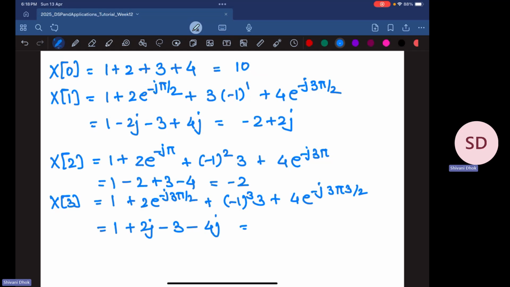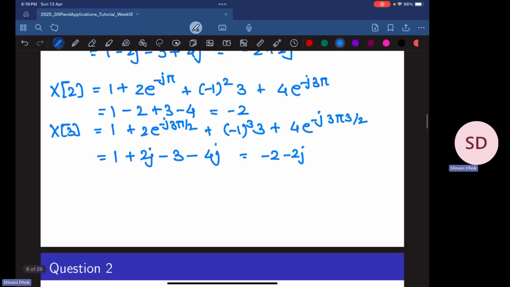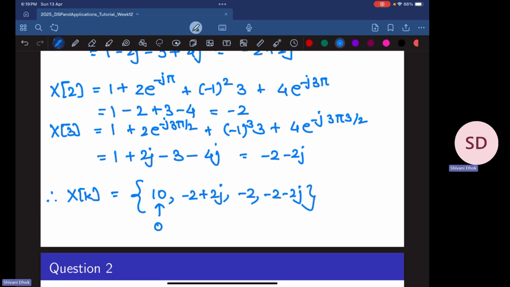So this comes out to be equal to minus 2 minus 2j. So therefore, my X of k is a sequence that starts with 10 for k equal to 0. Then it is minus 2 plus 2j, minus 2, minus 2 minus 2j. Is this clear? Any questions?